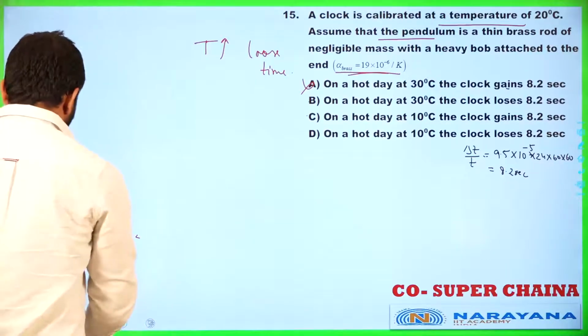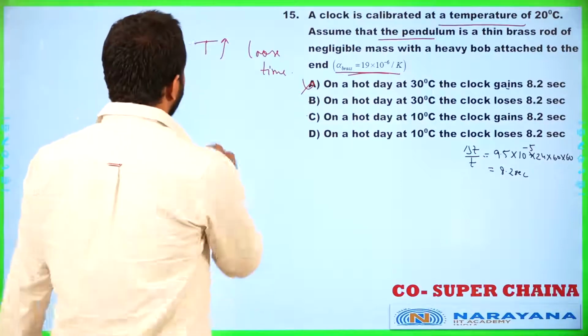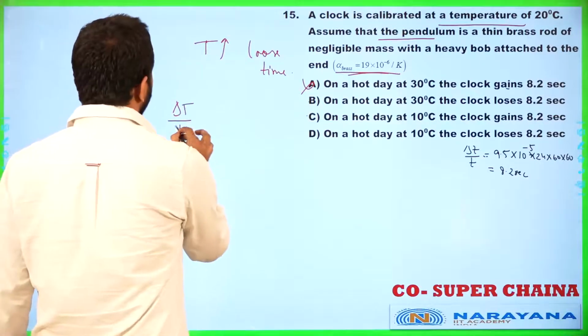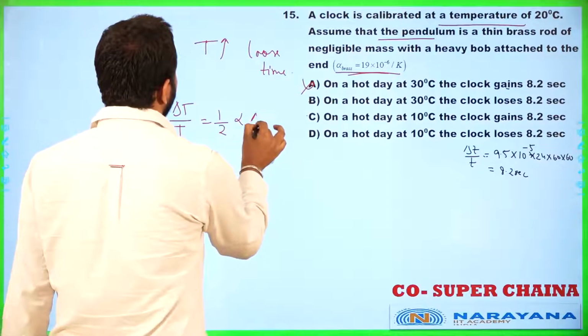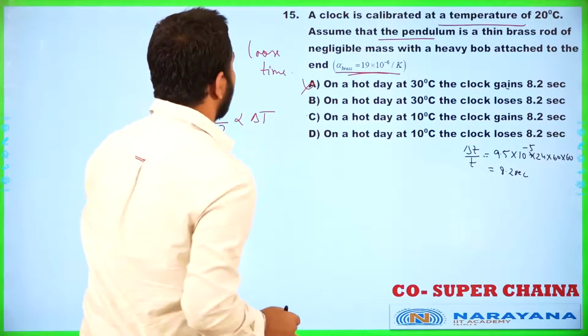Now, the value of delta T by T we know, we can calculate as half alpha delta T. We can substitute the values here.